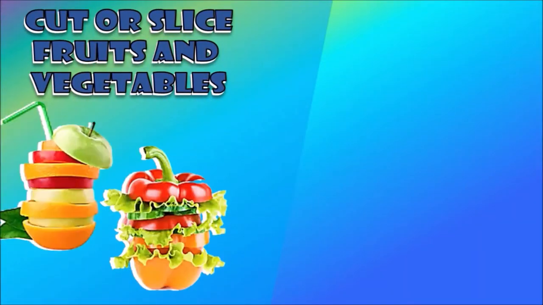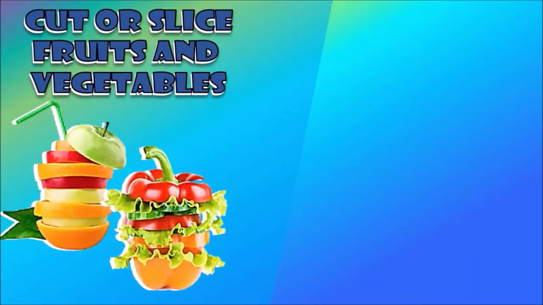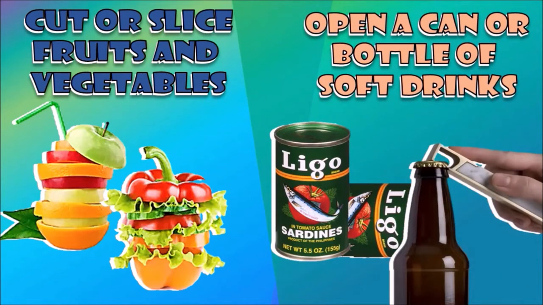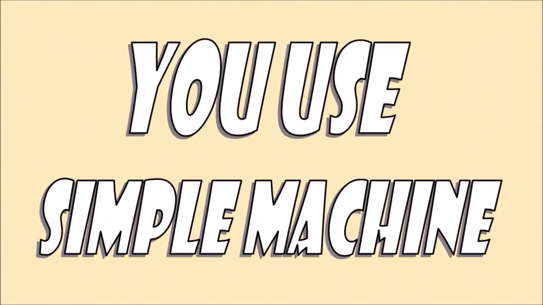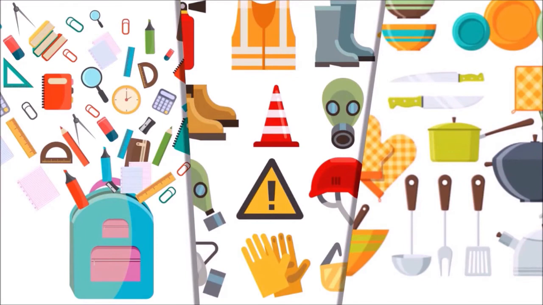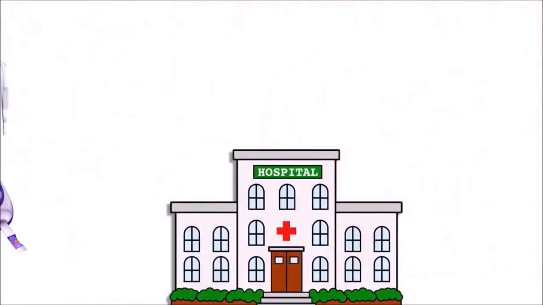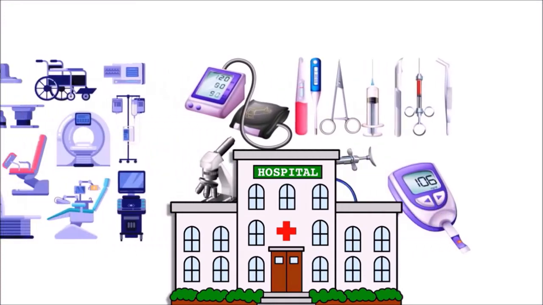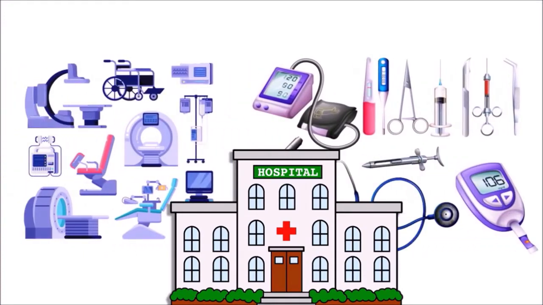When you cut or slice fruits and vegetables, or even open a can or bottle of soft drinks, you use simple machine. Everyone uses simple machine every day. Schools, industries, and businesses uses simple machine. Clinics, hospitals, and laboratories use machines to serve people.